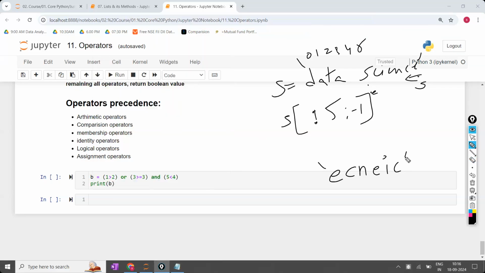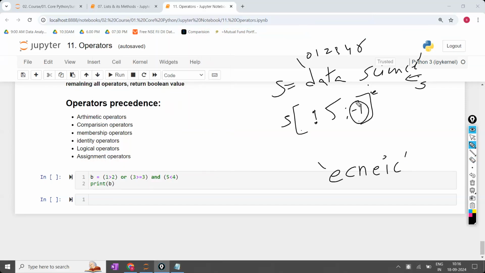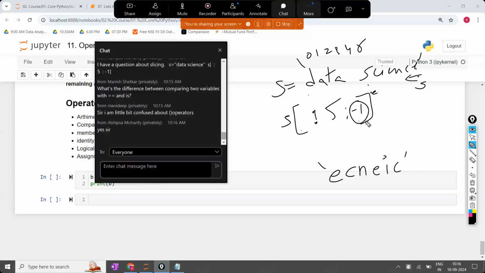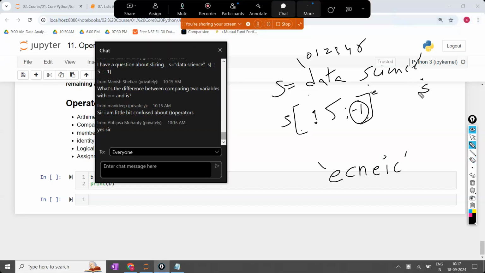Just write the starting point. Starting point will be decided based on the direction here. Starting point is not 0. Starting point is for negative indexing, this one. This is the starting point for the negative. Is the point clear now?